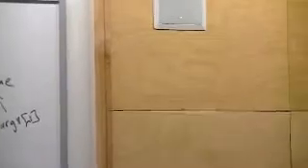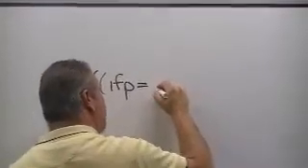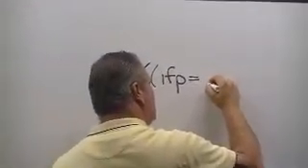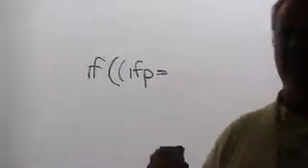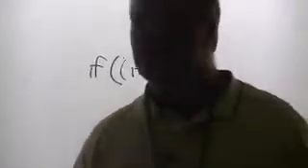How do I open a file given a file pointer? So I would go if, and what? IFP equals, how do I open a file in C? IFP, fopen. It's one of the fundamental operating system calls. You have to open a file.